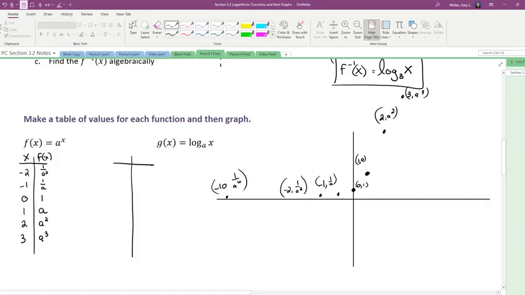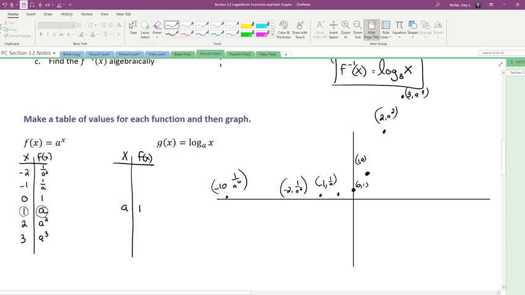All right, so then what does y equals log base a of x look like? It would be the exact inverse. So let's just swap our x and y. So our domain and our range get swapped. So now I have a, 1.